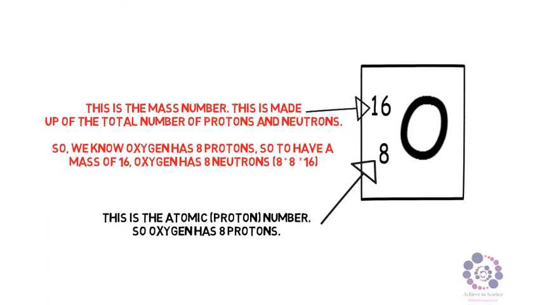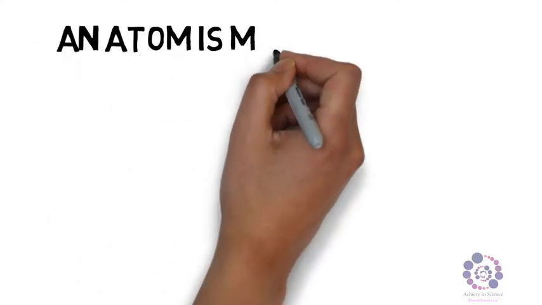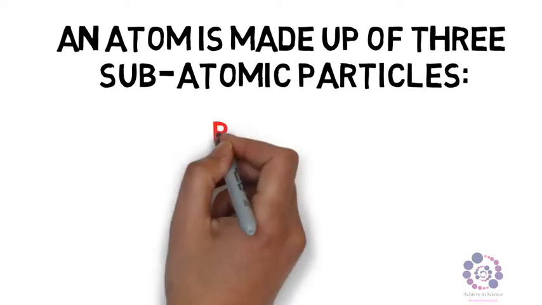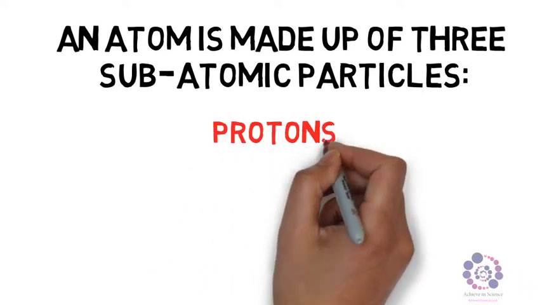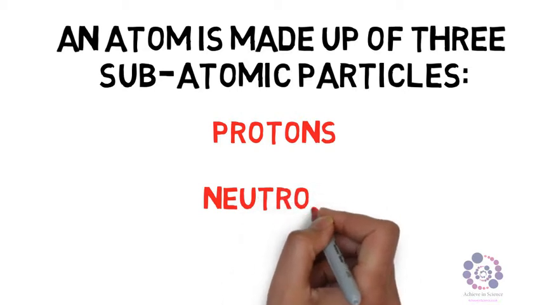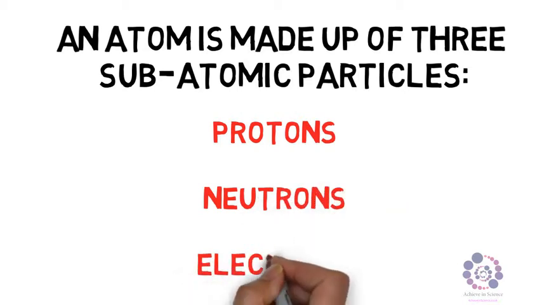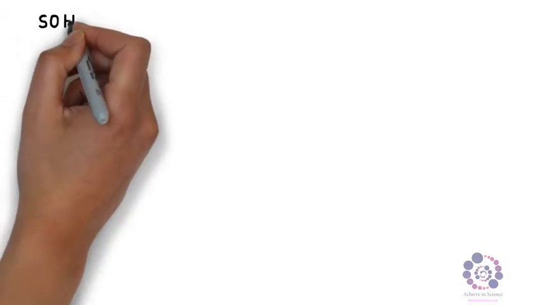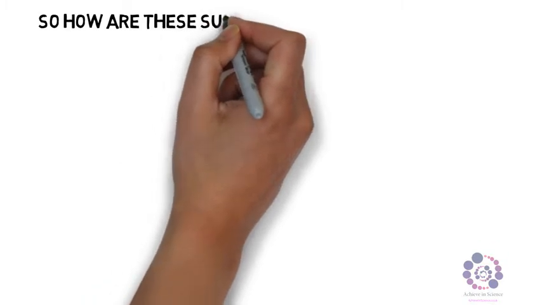In fact, there are 3 subatomic particles that you need to be aware of. We've already mentioned protons, neutrons, and the third one is electrons. You also need to be able to know the differences between these subatomic particles. So an easy way to do this and record this is via a table. So let's have a look.